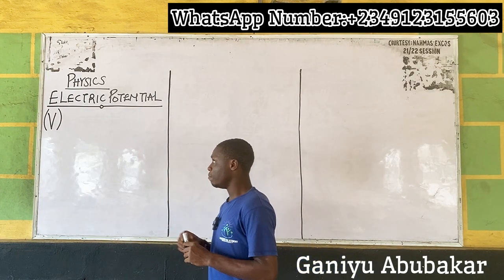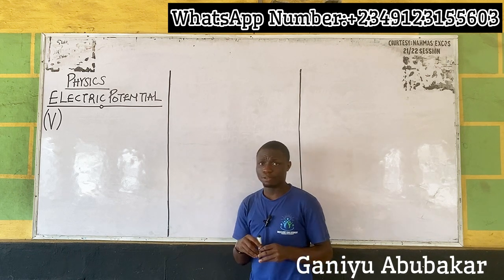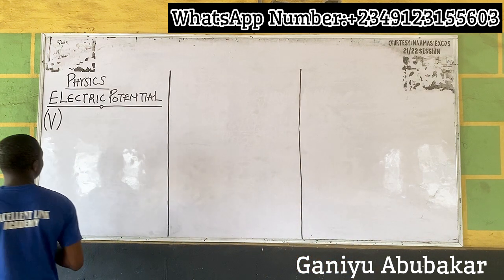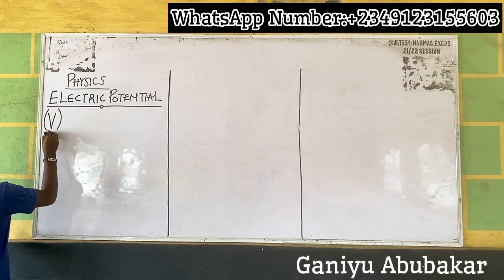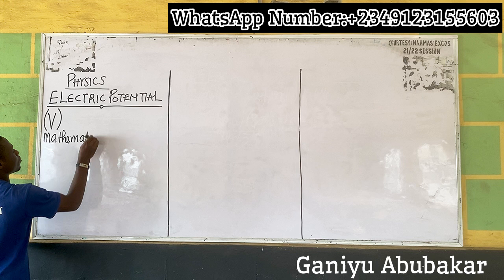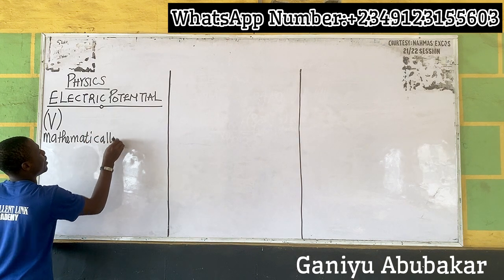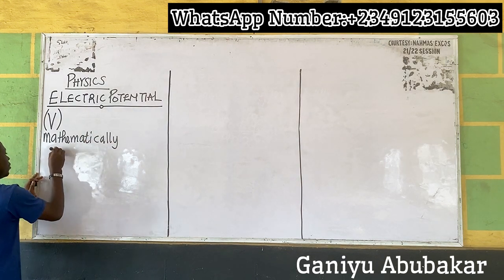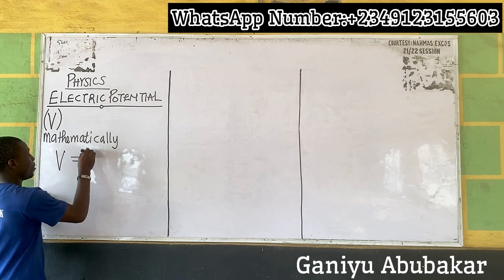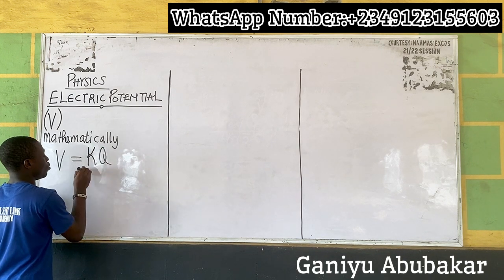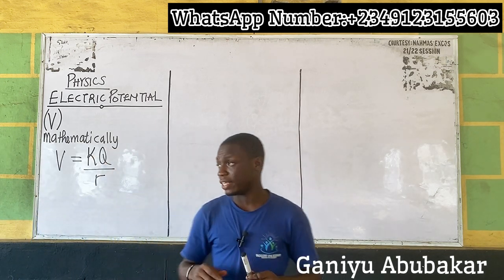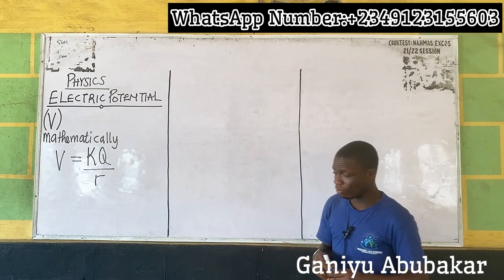V signifies electric potential, and mathematically, electric potential, that's V, is equal to KQ all over R.